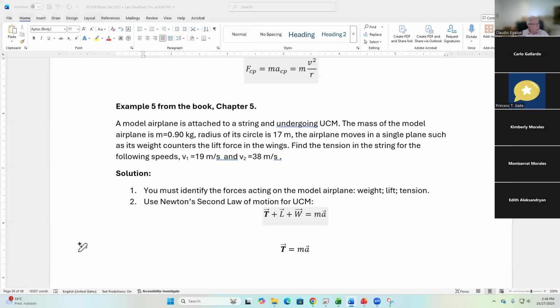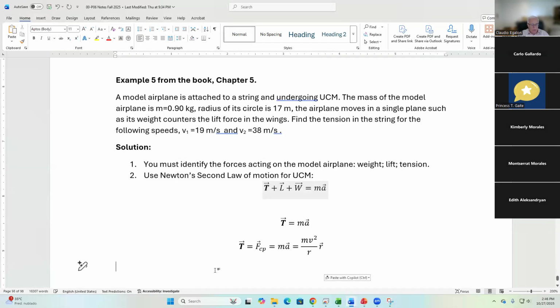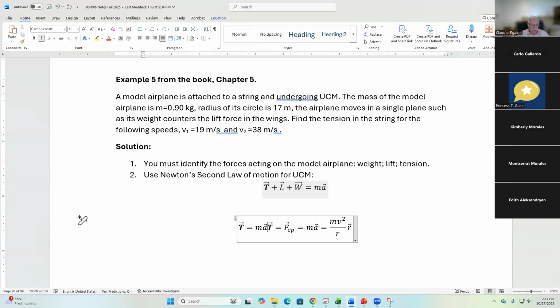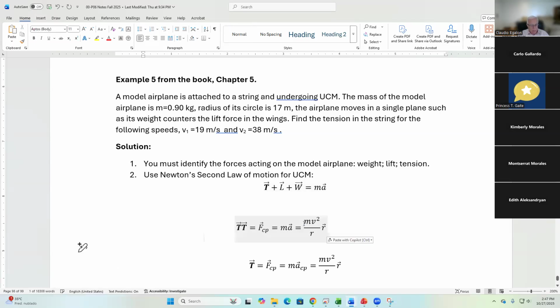The tension coincides with the centripetal force. And this acceleration is going to be the centripetal acceleration.